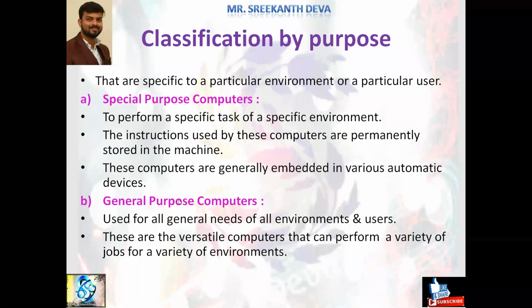It is specially designed for a particular job or work in a particular environment. That is called special purpose computers. But general purpose computers are developed for and used for all general needs of all environments and users. Here we can execute a variety of jobs. That's why we call it versatile. General purpose computers are versatile in nature. Special purpose computers are not versatile, because they are fixed and rigid to a particular job and task for the specific environment.